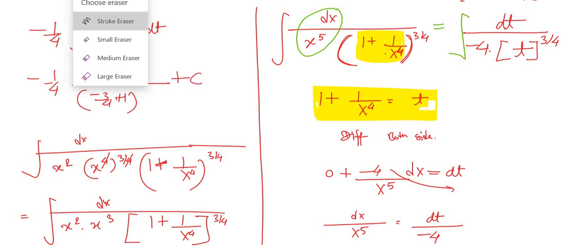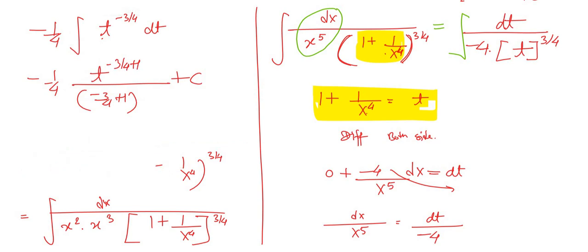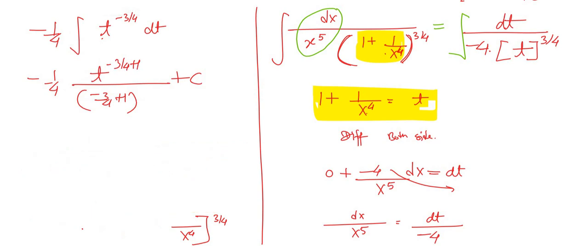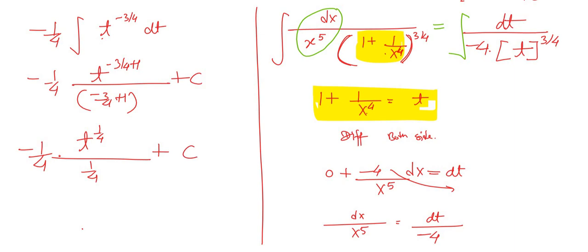If we solve this power, what will this become? This will become -1/4 t raised to power 1 by 4, divided by 1 by 4 plus c. Up to here it is fine. Now what will happen?